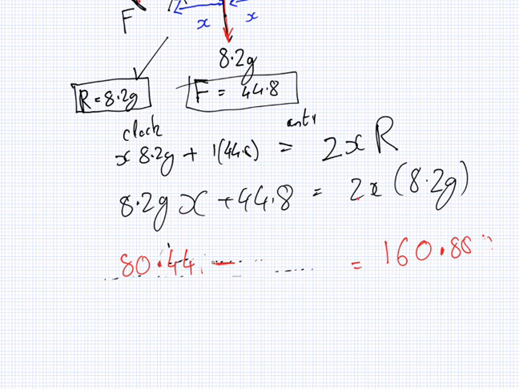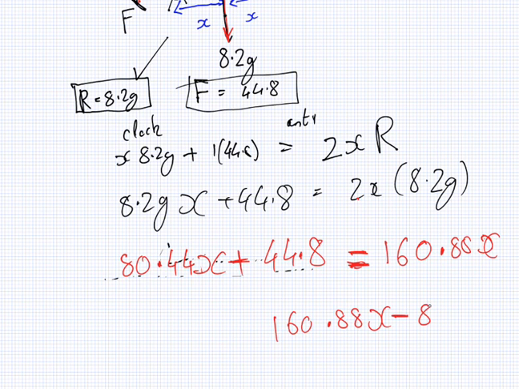Okay, and then here is x plus 44.8 equals that. Okay, so now I have an x here. So now, Saeed, as well, if you could do 160.88 minus 80.44, that's 80.44, isn't it?